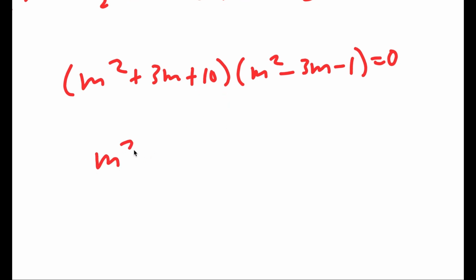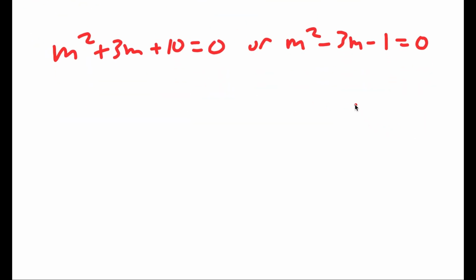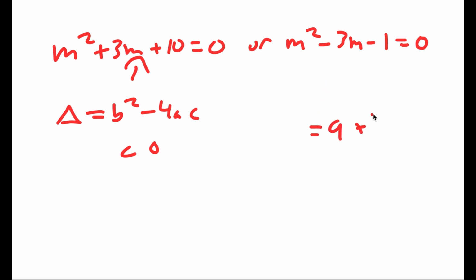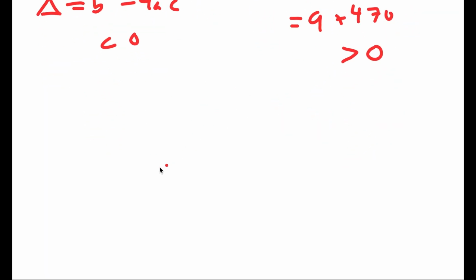So I have two equations, x squared plus 3x plus 10 equals 0, and x squared minus 3x minus 1 equals 0. So for the first one, b squared minus 4ac is going to be less than 0. And for this one, it's going to be 9 plus 4, which is greater than 0. So I can use the quadratic formula to solve this.